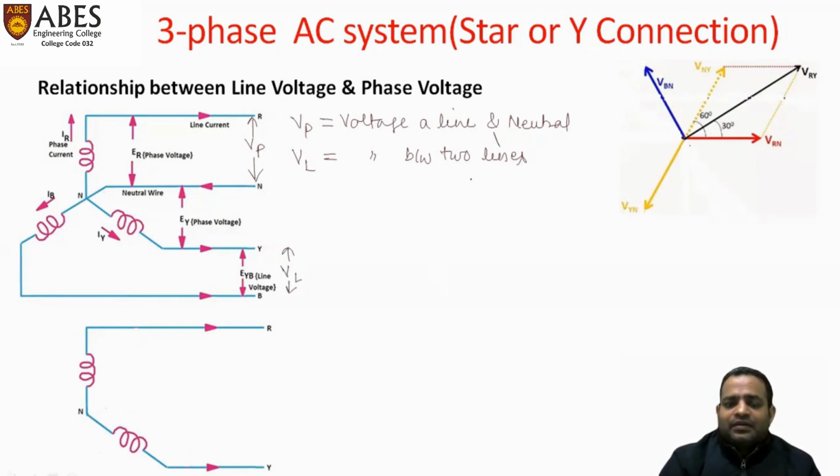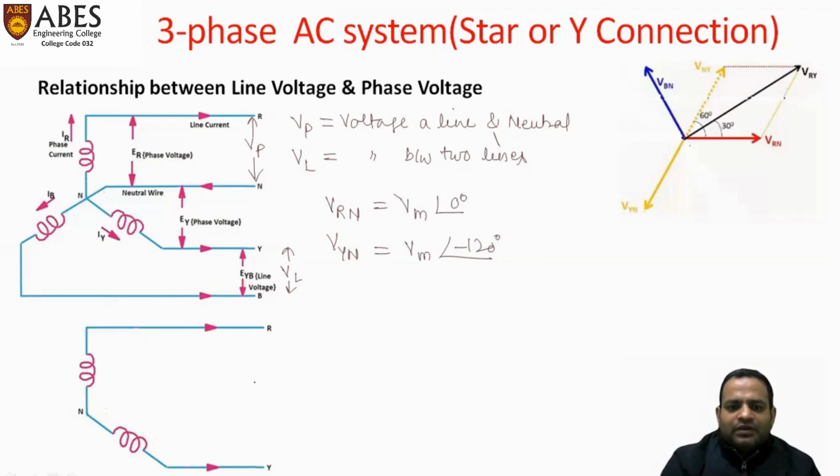Now, for the first relationship of line and phase voltages, our VRN is Vm angle 0 degree, and our VYN is Vm angle minus 120 degree.